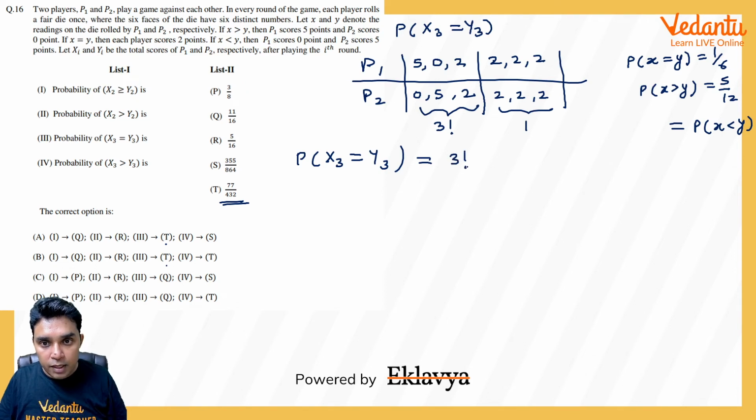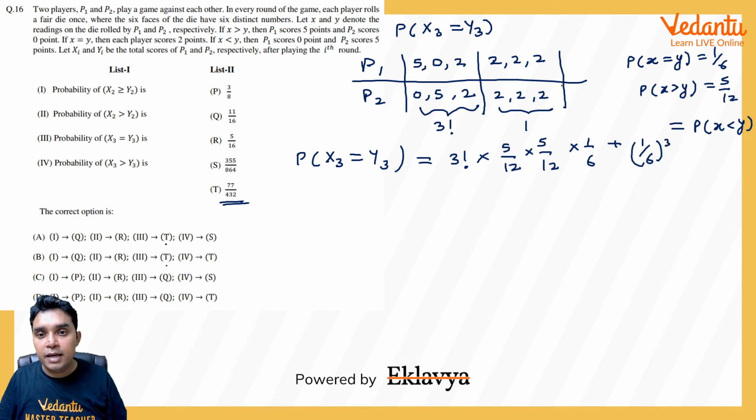So 3 factorial into, for one of the matches, probability of P1 winning will be 5 by 12, and then 5 by 12 again when P1 will be losing, and then 1 by 6, and then 1 by 6 to the power 3, where all 3 matches end in a draw. So that is what we should get.